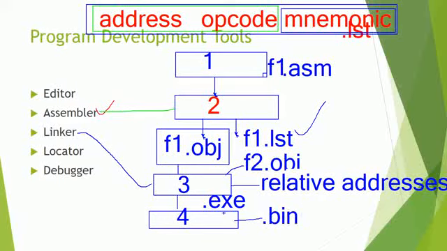This locator is going to convert your relative addresses into the physical address format, which is converting your relative addresses into the absolute addresses.